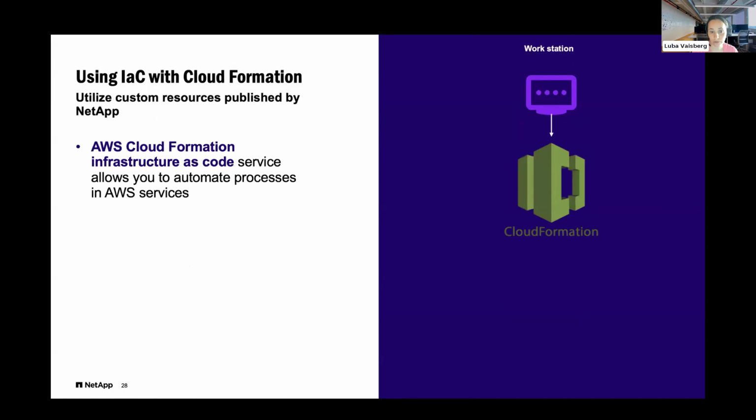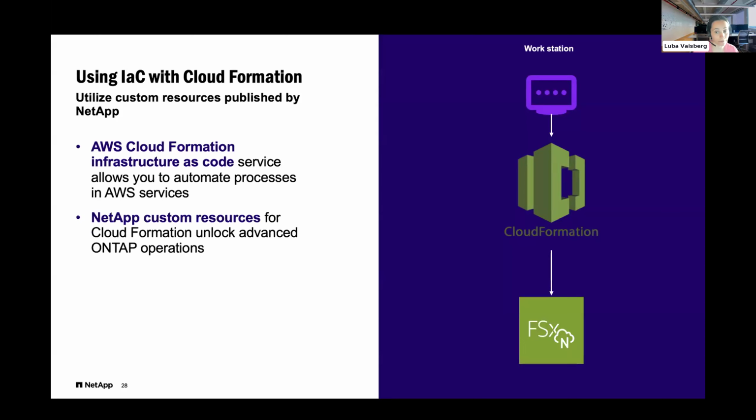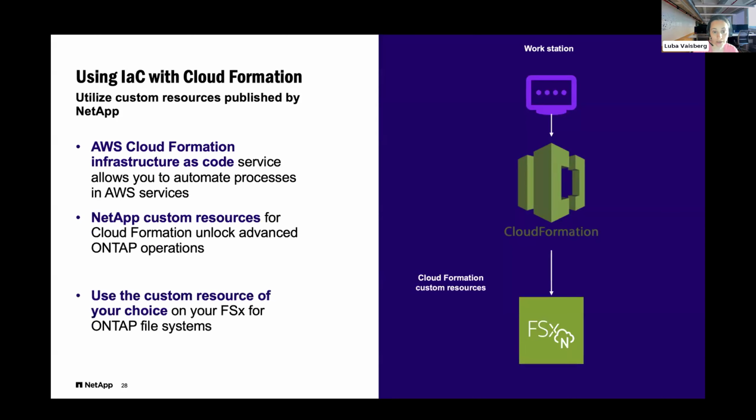We created resources leveraging AWS CloudFormation to manage different options within your FSX for ONTAP, some things that are currently not available in the AWS console, like managing the replication and the snapshots. All can be done very simply using our GitHub resources, which are available for you free of charge.